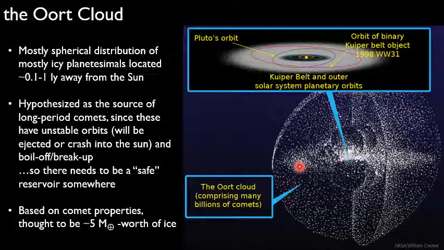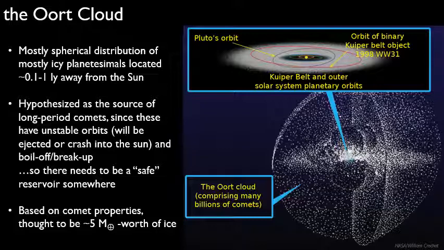The reason that we think the Oort cloud exists is you see comets that have extremely long periods. We can tell that they have long periods based on the eccentricity of their orbit, and partly based on the historical records of ancient astronomers making records of objects. So you have these very long period comets.